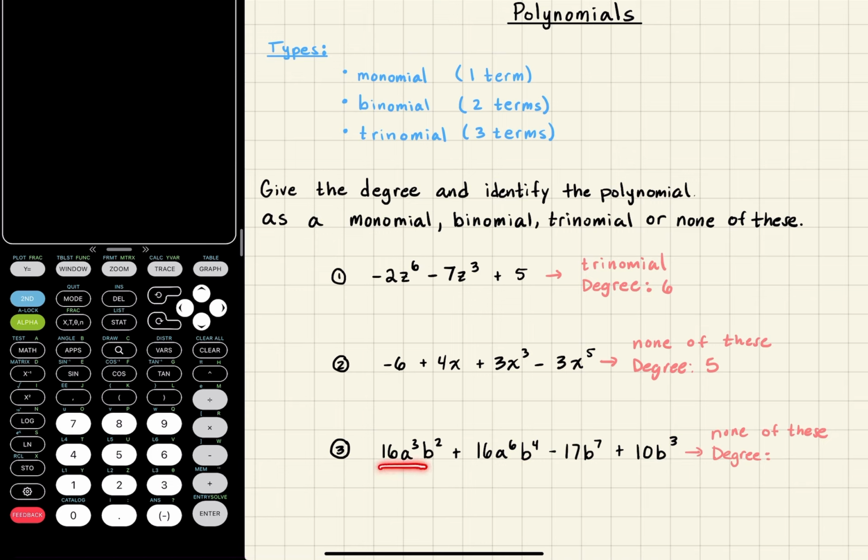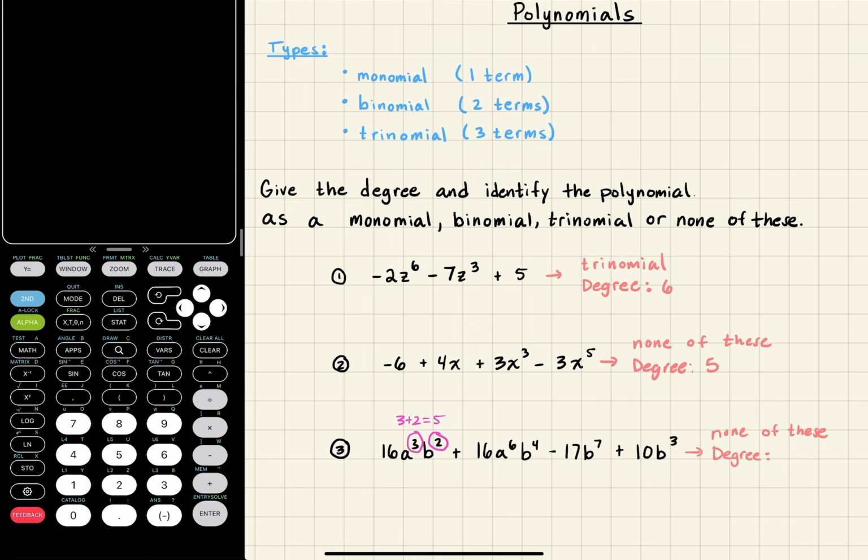And once you find those terms, what you want to do is add the exponents together for each of those terms. For instance, in this first term here, I'm going to add 3 plus 2. That gives me 5.